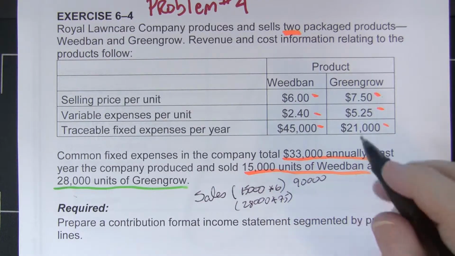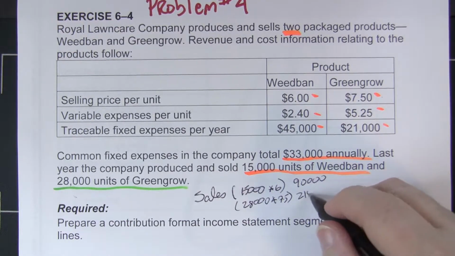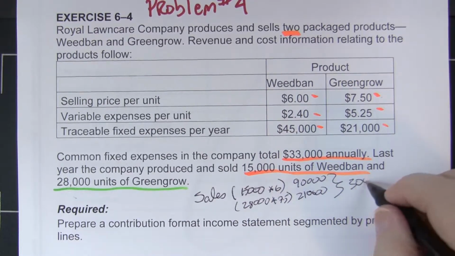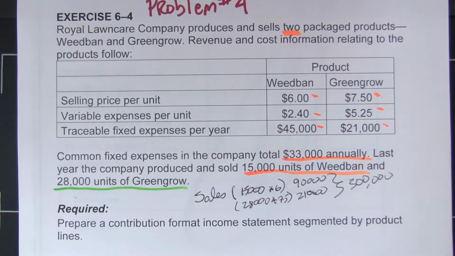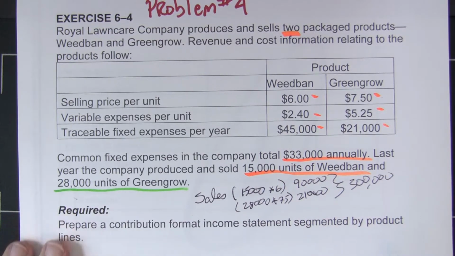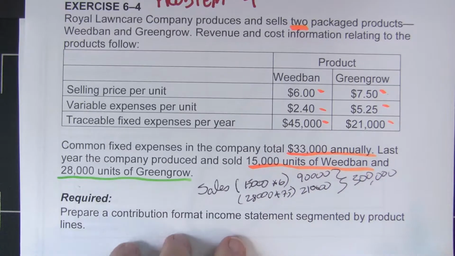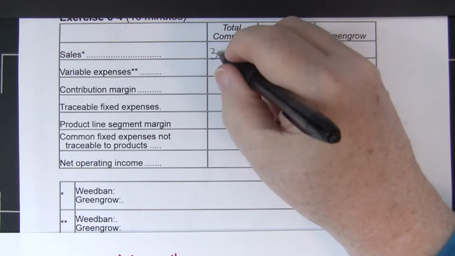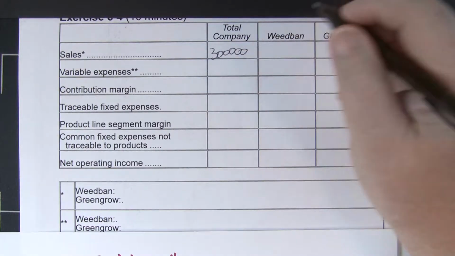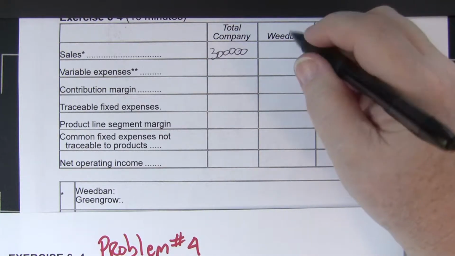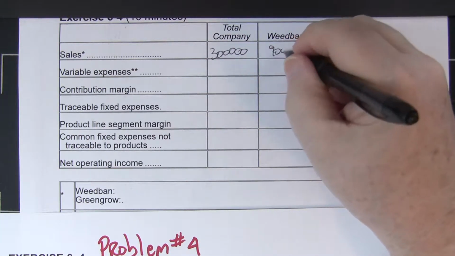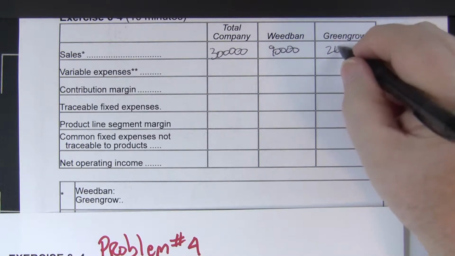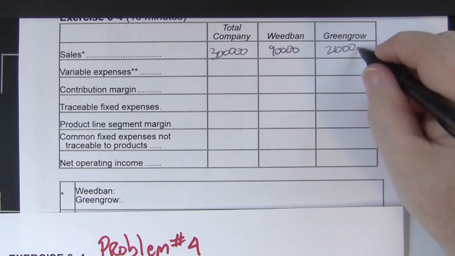So that's what, 210,000? So altogether we had $300,000 worth of sales. So let's fill in that piece. Our total sales were 300,000. Our Weed Ban sales were 90,000. And our Green Grow sales were 210,000.